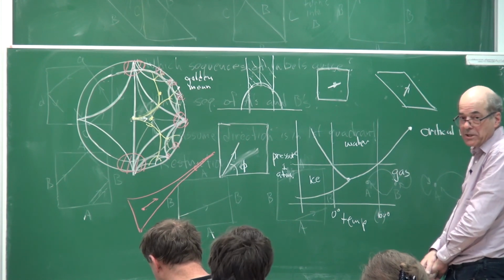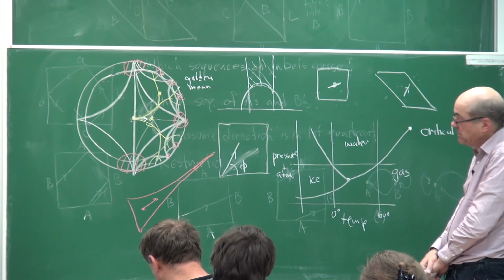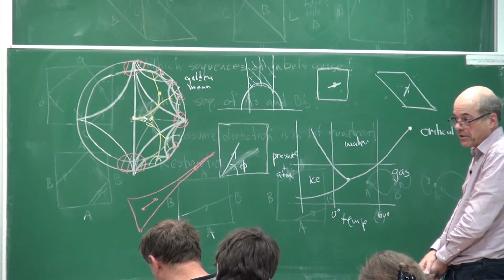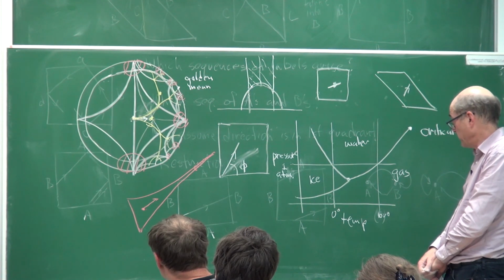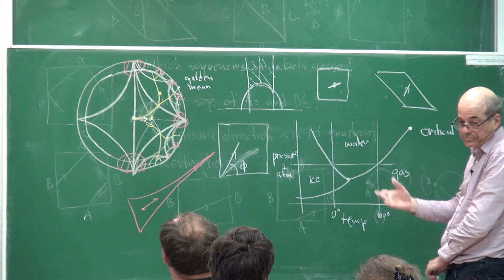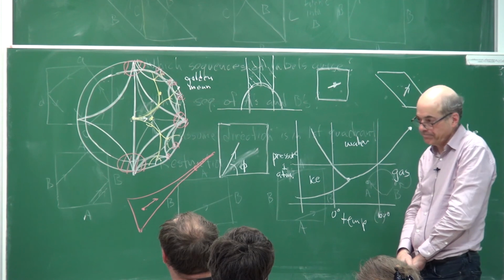And at the moment, it's not at all clear what the answer is. There seems to be interesting paradoxical behavior of these horocycle flows. And maybe I should stop here.